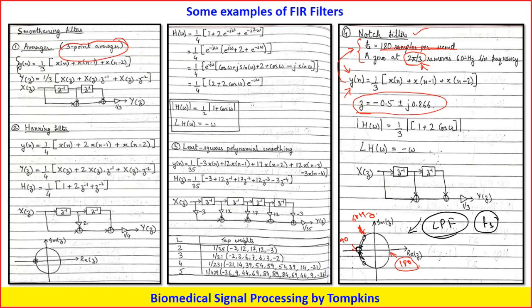Am I clear? So the sampling frequency is an important criterion when you try to design a digital filter. Are you getting my point? Anyone who is having any doubt? No?